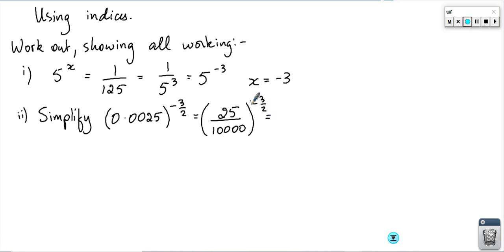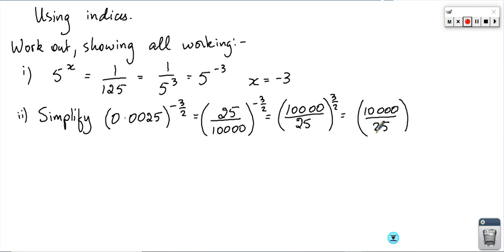Now, the first index was the negative, so we're going to change that. Negative means inverse fraction, so I have 10,000/25 to the power of 3/2. Now we have the fractional power, which means this is 10,000/25 to the power of 3 and square root.